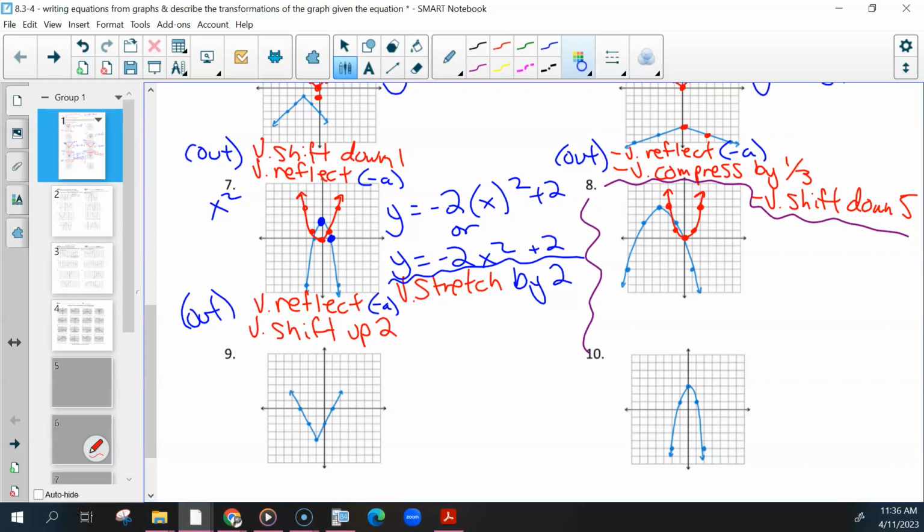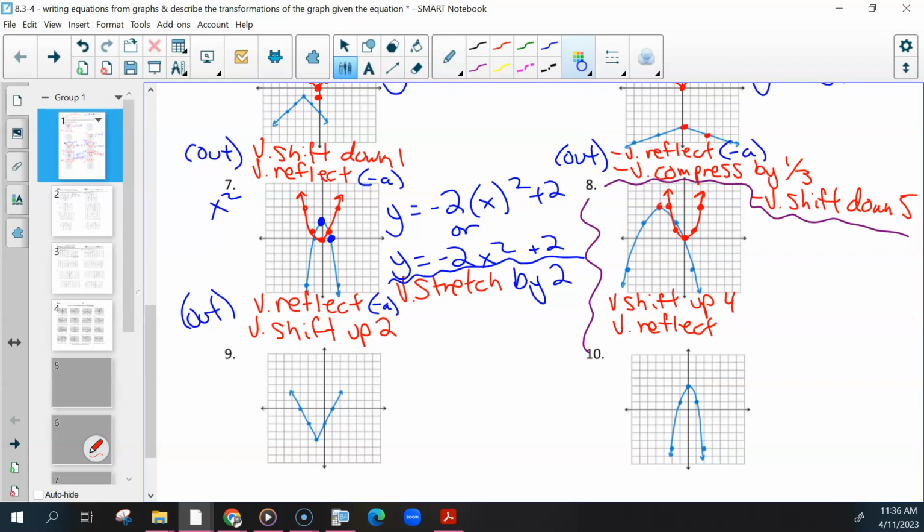Vertical shift up. So start from here, and then if this is your new vertex, it went up 4. What else? It did a vertical reflect. It's upside down.